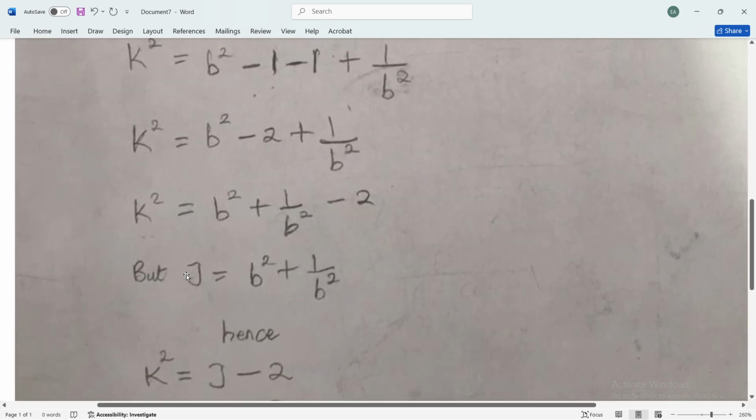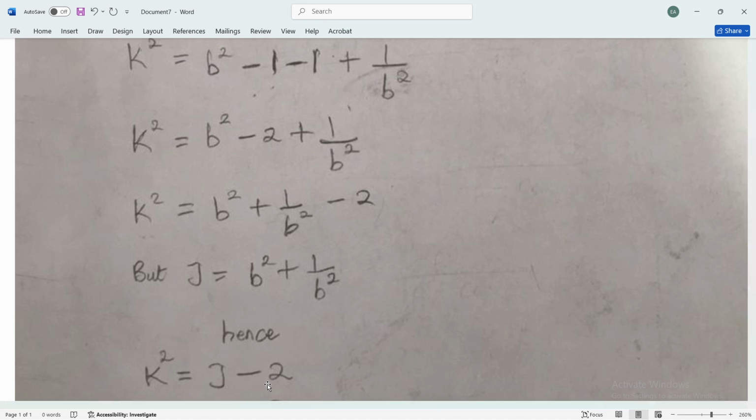So let's simplify. We are going to have k squared equals j, which was given as b squared plus the fraction 1 over b squared, minus 2. So that's why I represented b squared plus the fraction 1 over b squared as j, right? We were asked to make j the subject of the relation. That means we want j to stand on its own, right?